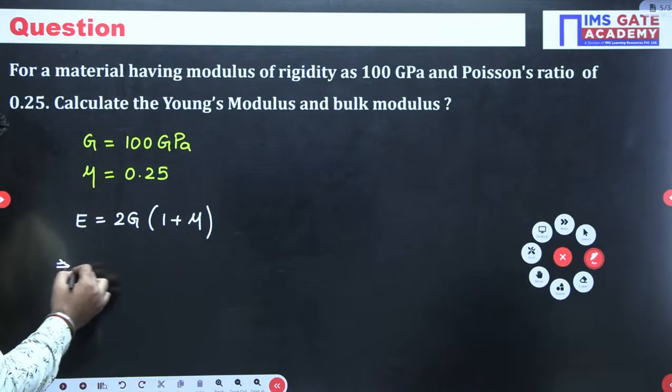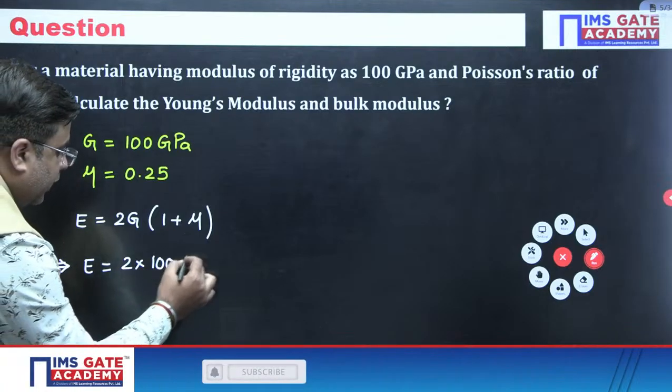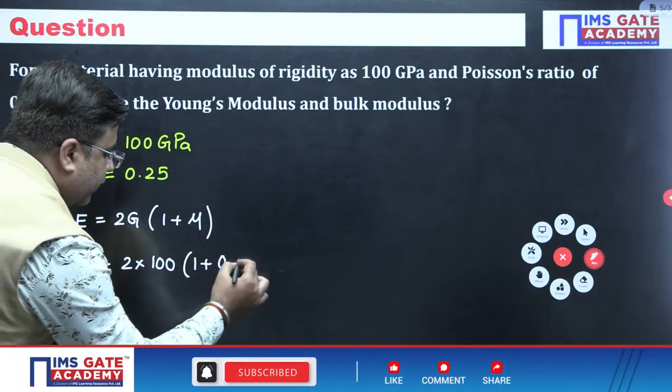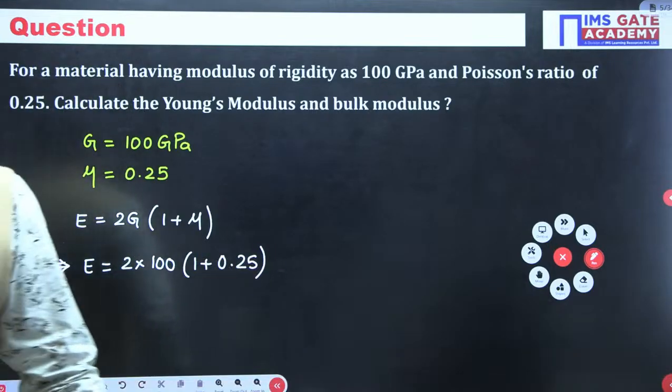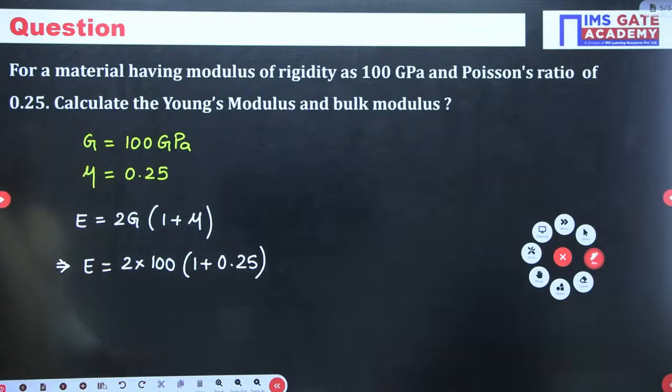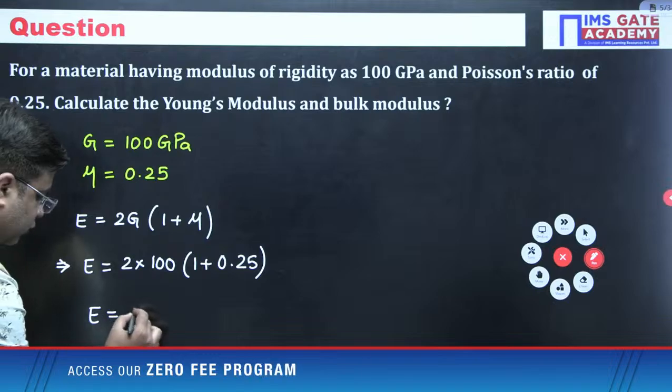Therefore, E is equal to 2 into 100 into (1 plus 0.25). So 200 into 1.25 will be 250. Very good. So E is coming out as 250 gigapascal.